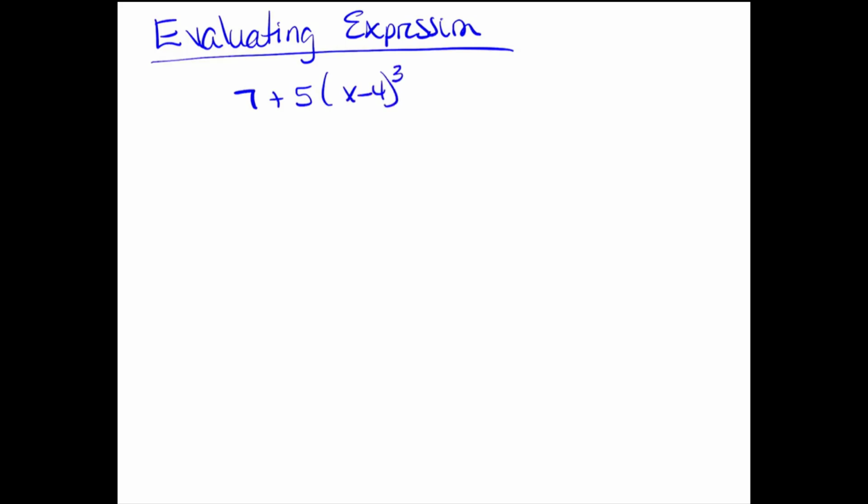So we know this is an expression because there is no equal sign in the actual problem. So this is an algebraic expression. And they want us to evaluate. Evaluating is saying that there's going to be some value that you know that you're going to plug in. So they'll say that we're going to look at this expression for, let's say, x equals 6.